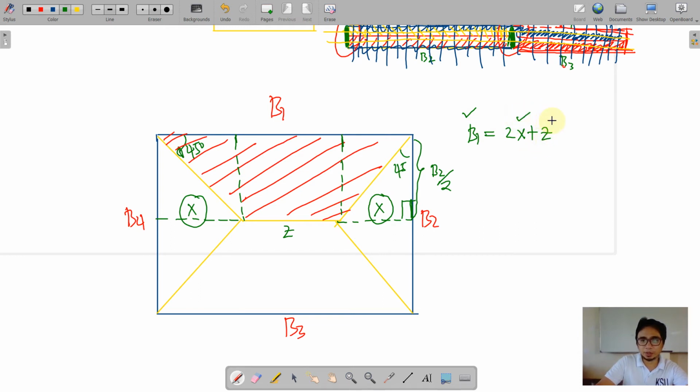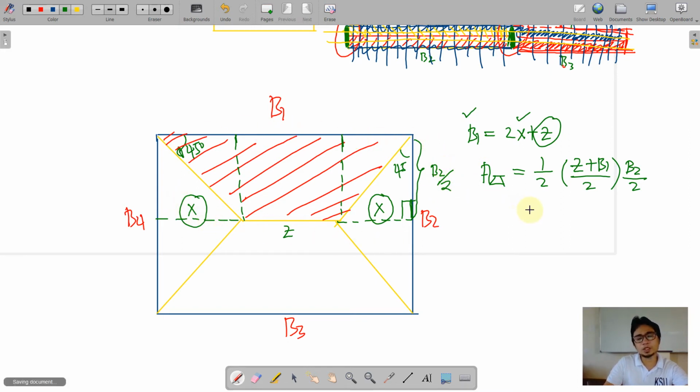We can now determine our Z, and if we know Z, then we can get the area of the trapezoid. So this is the tributary area for B1. And what is the area of a trapezoid? It is the average of the bases times the height. We have Z plus B1 all over 2 multiplied by the height, and the height is B2 over 2. So this is just a representation of our solution. You do not have to memorize this one. What is important is the principle.